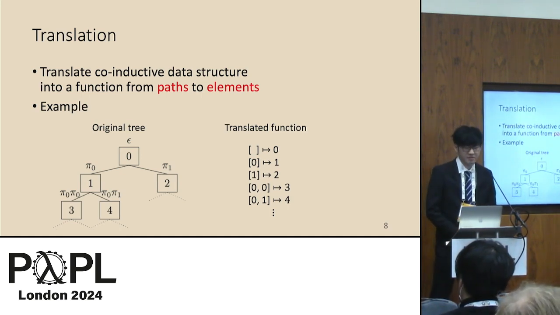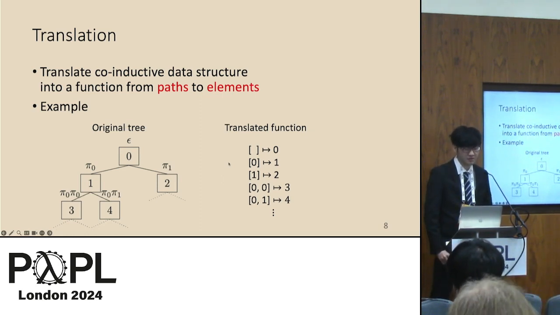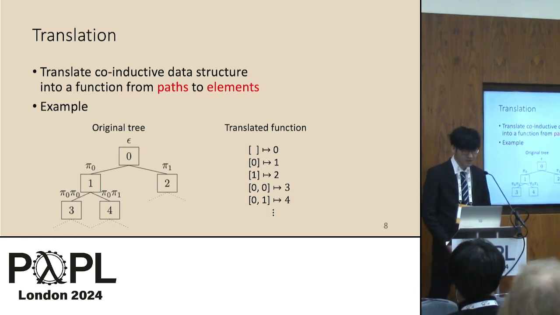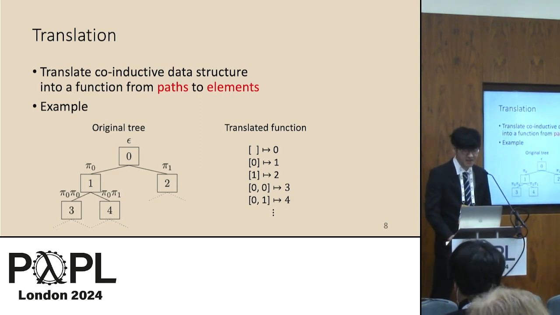As I said, we translate a co-inductive data structure into a function which takes a path and returns the corresponding element. A path is represented by a sequence of destructors or an integer list. I'll explain it by using an example of a binary tree. We first regard a path as a sequence of destructors, and we can get the corresponding element by applying the destructors from left to right.